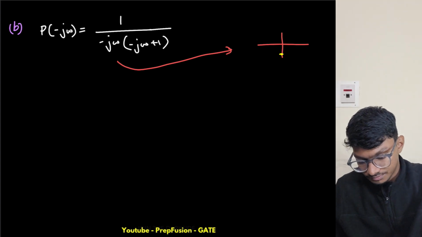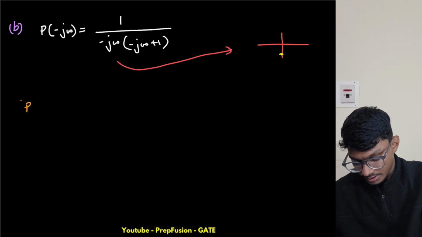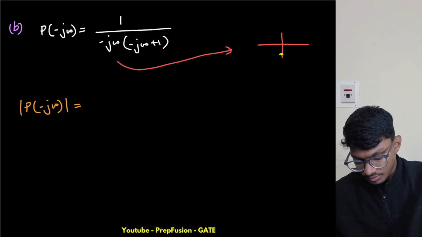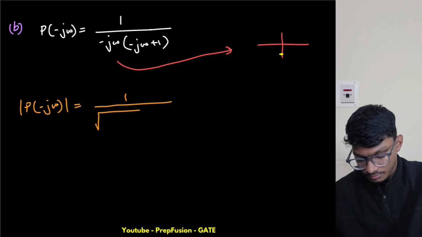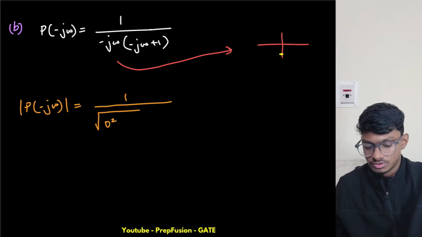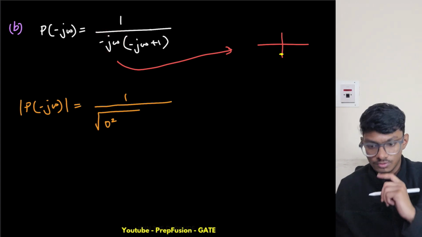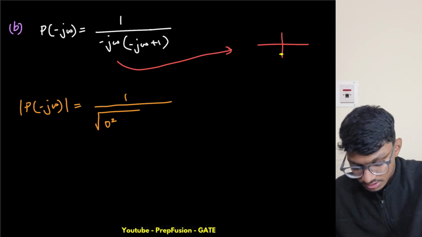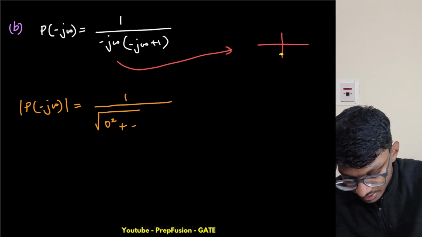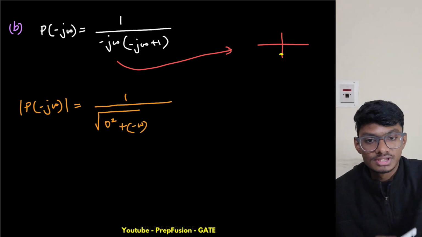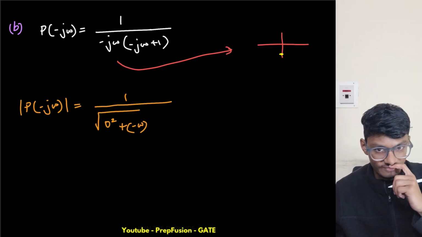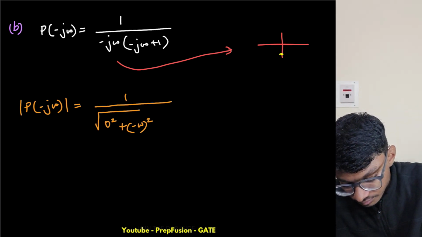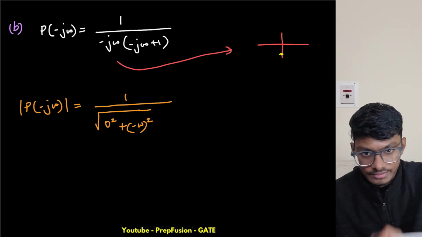So what is my magnitude? Again, if I want to find the magnitude of P of minus j omega, I will simply proceed with the same method. It has real component 0 and it has imaginary component of minus omega. But as we are squaring, and magnitude is always an even function, this becomes positive itself.